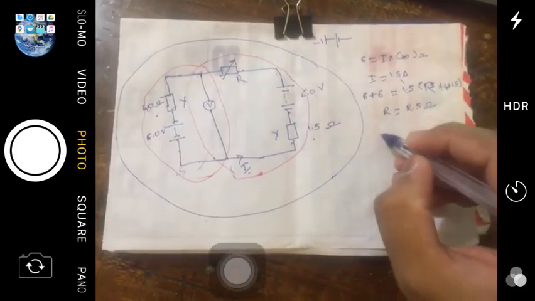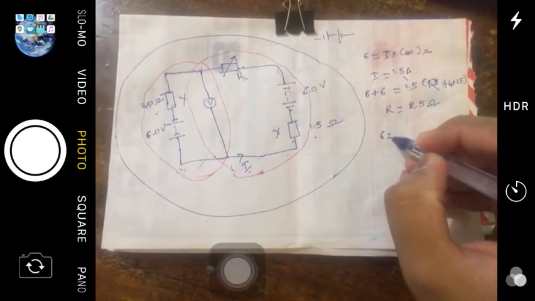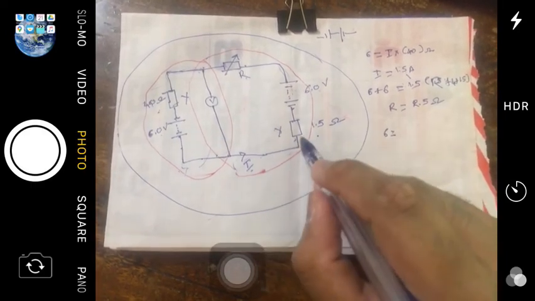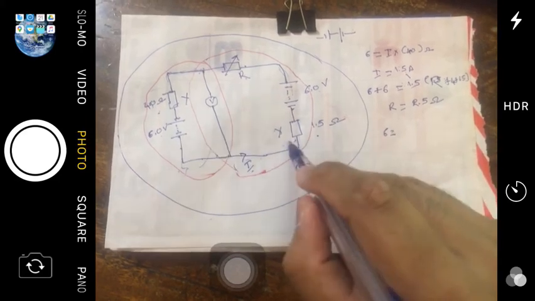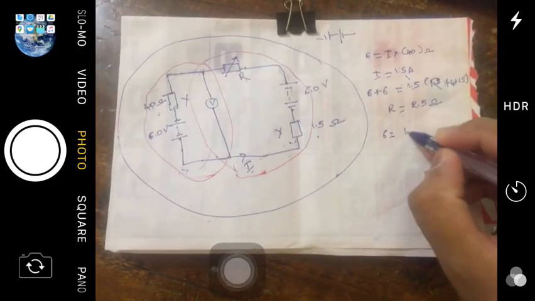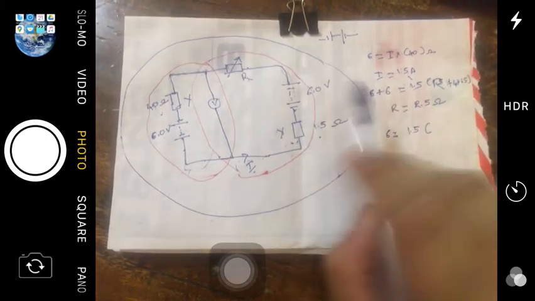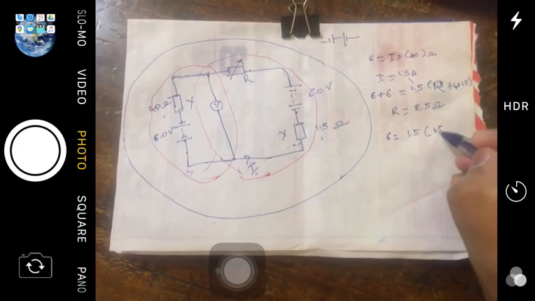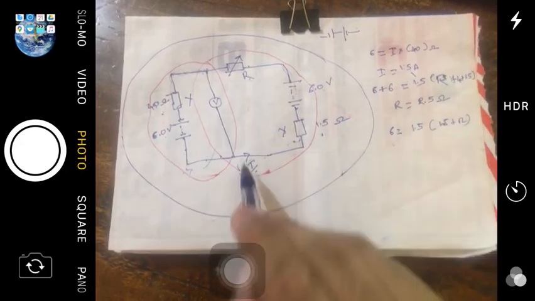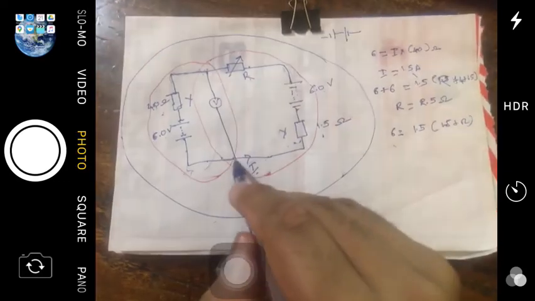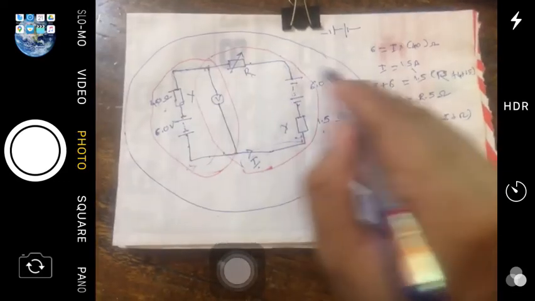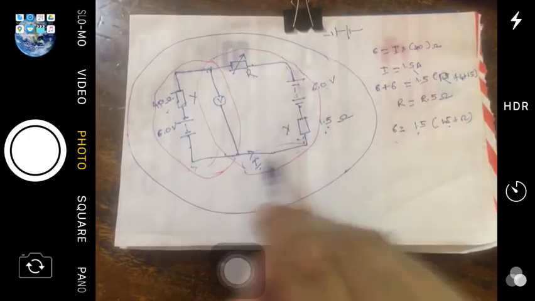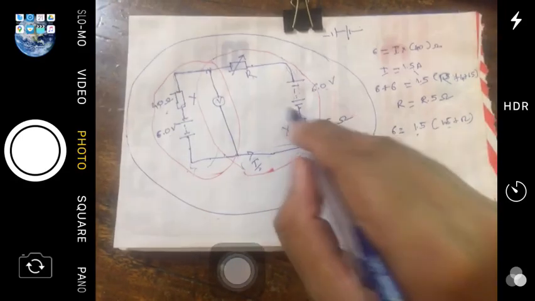In that case, 6 would be equal to the potential drops across 1.5 and R. So I times, and it just happened to be, this is also 1.5 ohms, and R. Okay, so in this loop the PD is 1.5 into I, R into I, and the EMF is 6.